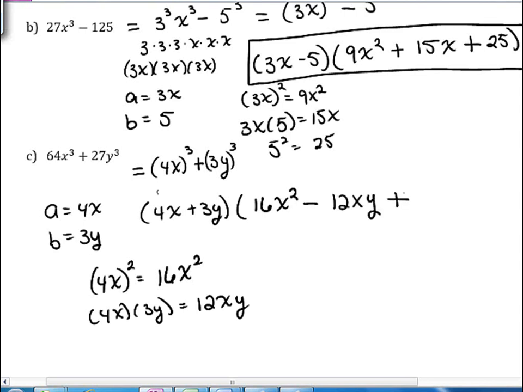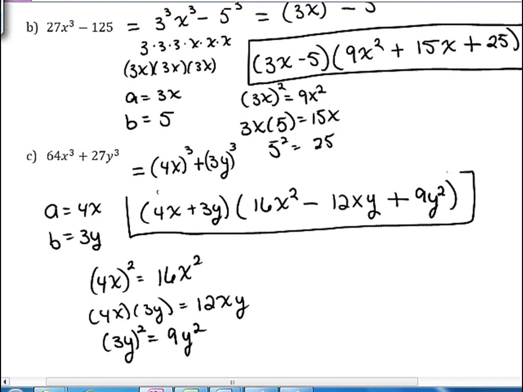The last term is always positive, and it's b squared. Our b was 3y, so I want to square this 3y. And that gives me 9y squared. So our final answer this time is 4x plus 3y times the quantity 16x squared minus 12xy plus 9y squared.